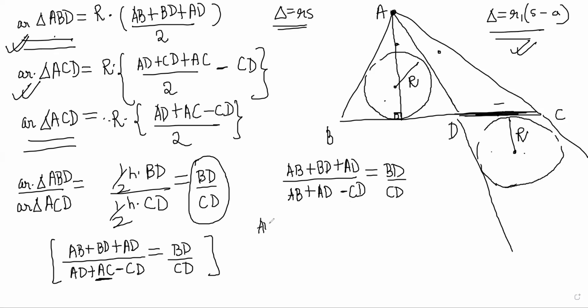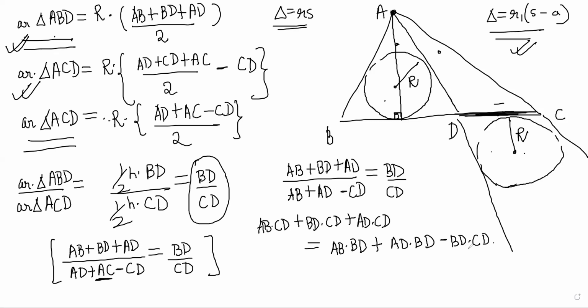So we'll say AB into CD plus BD into CD plus AD into CD is equal to AB into BD plus AD into BD minus BD into CD, right? So bring the minus BD CD on this side and you will get 2 times BD into CD, and bring every other term on the other side, right?